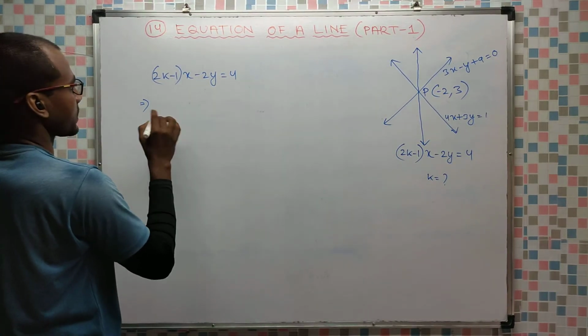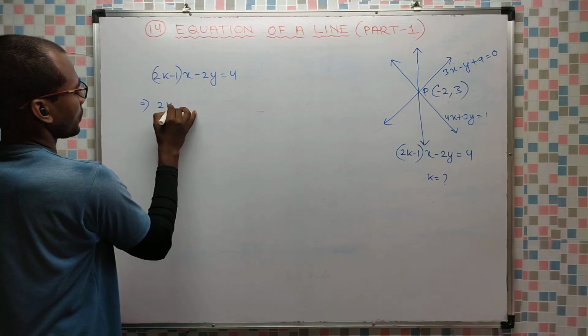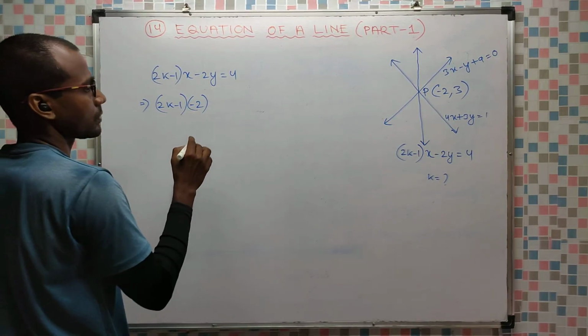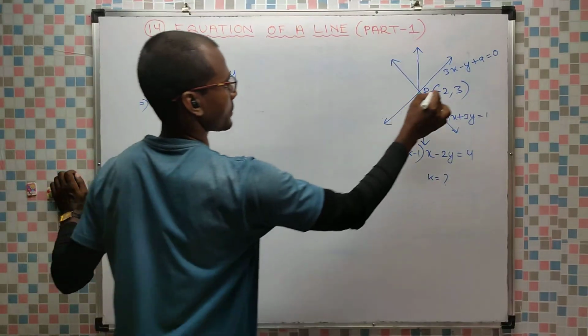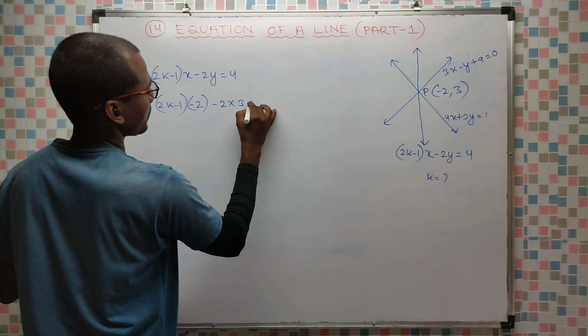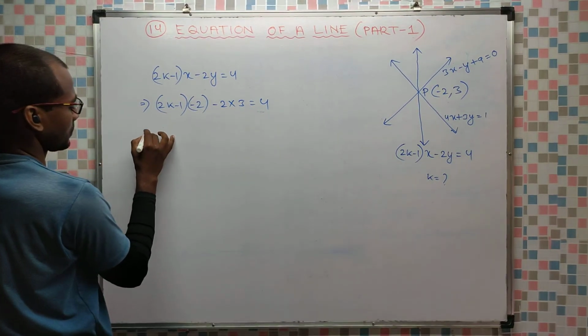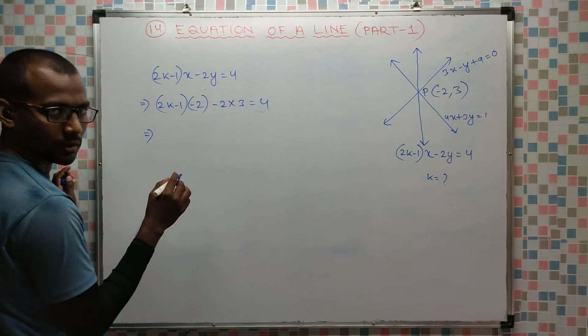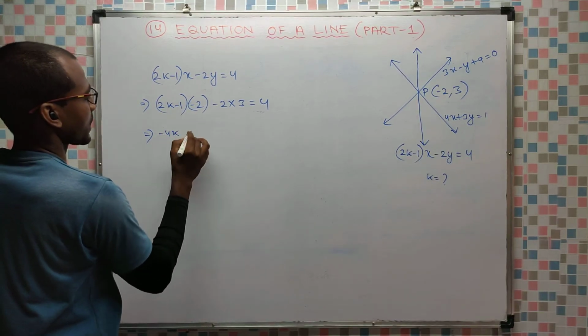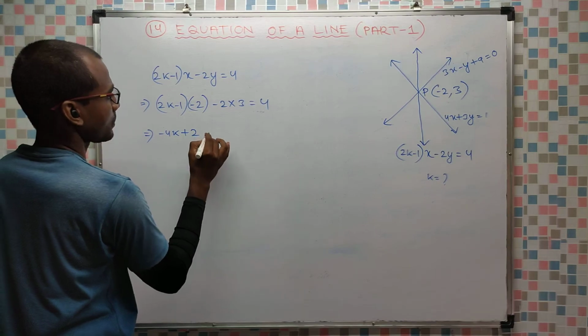Put the value of x, minus 2. (2k minus 1) whole into minus 2. What is y? 3. This one, P. Minus 2 into 3 is equal to 4. Open the bracket. So 2k into minus 2 is minus 4k. Minus 1 into minus 2 is plus 2.